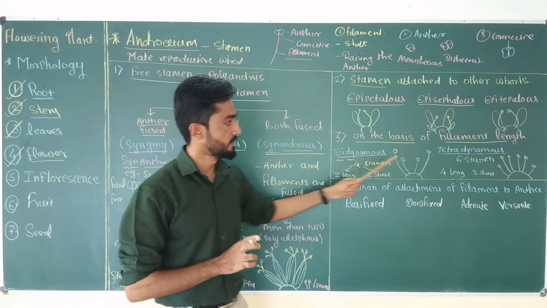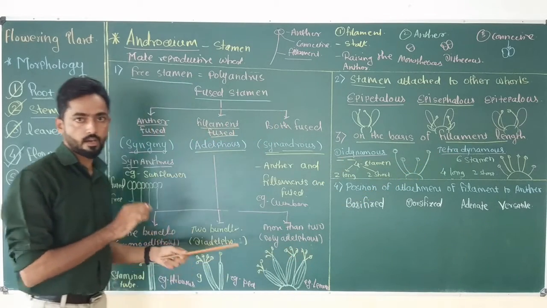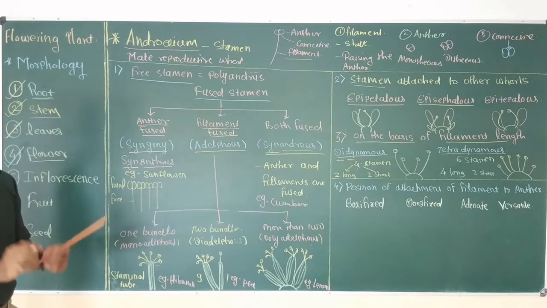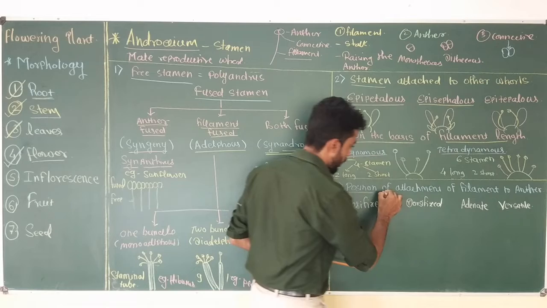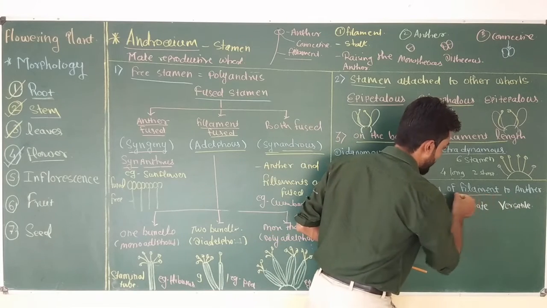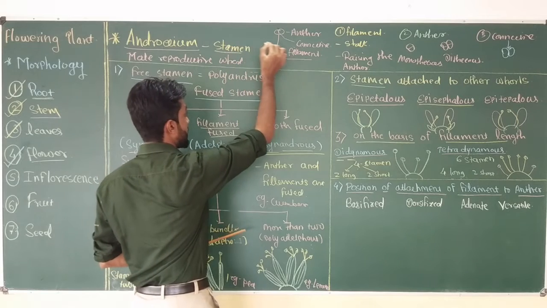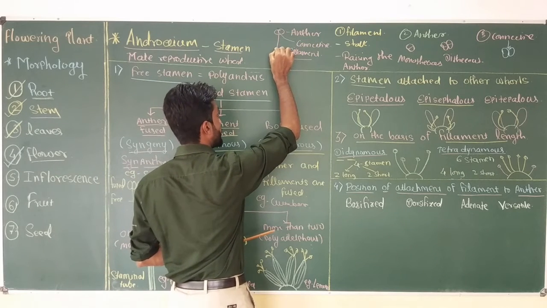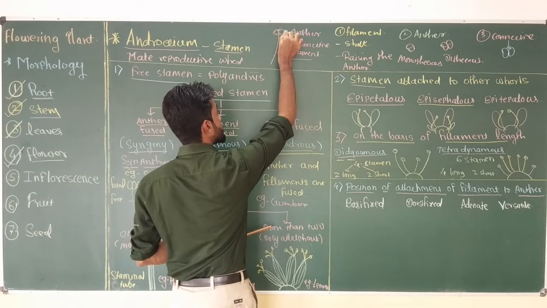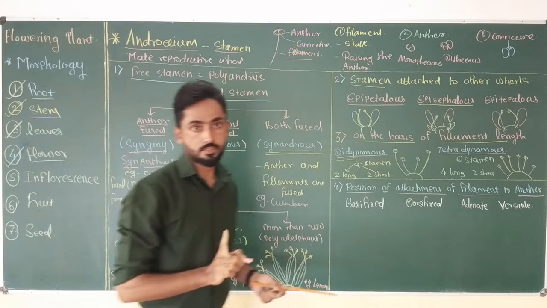So on the basis of length of the filament, there are 2 different types of androecium, that is didynamous and tetradynamous. The last criterion used for classification of the androecium is on the basis of position of attachment of filament to anther. A stamen has 3 parts: filament, anther and connective, and on the basis of where the filament is attached to the anther, there are 4 different types of stamens.